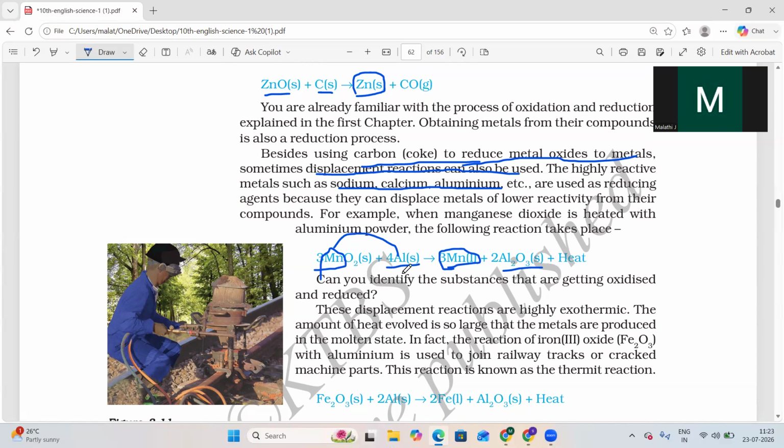So we use a highly reactive element as the reducing agent, and a displacement reaction can be used because it can displace. Here you get the metal from the oxide form of the ore, MnO2. To remove the oxygen, if we add a more reactive metal as the reducing agent, it will displace the less reactive one.